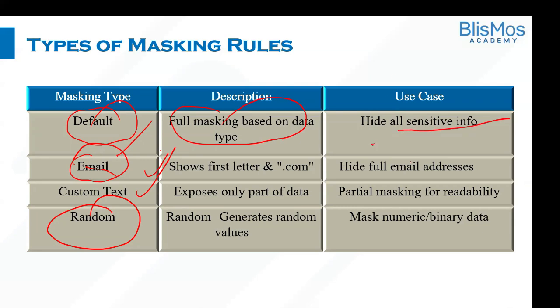Within email there are different categories, such as hiding the full email address. Custom text is for partial masking, depending upon your requirement. And random is for when you want to mask numerical data or binary data.